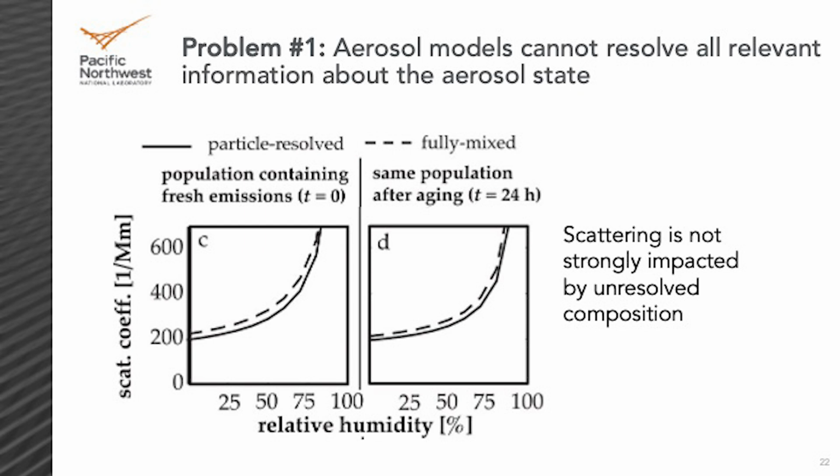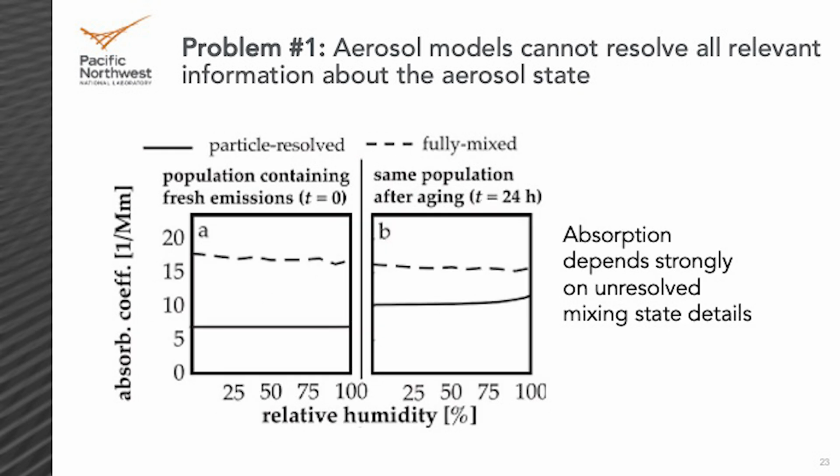For scattering, we find that there's not a big impact of this external versus internal mixing approximation. That's no surprise. We don't have a big difference between the real part of the refractive indices of the species that we're simulating here. But for absorption, we actually find that there's a big difference between the particle resolved and the fully mixed particles, regardless of the extent of aging.